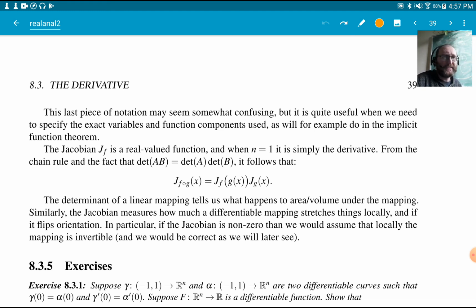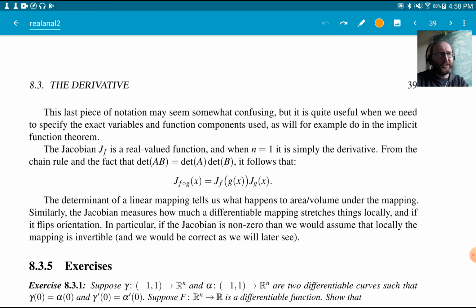For differentiable functions, the Jacobian determinant tells you, if you really zoom in, what it will do with areas or volumes or whatever dimension you're in. If you're in 3 dimensions, it's 3-dimensional standard volume. If you're in 4 dimensions, it's 4-dimensional volume, and so on, right?